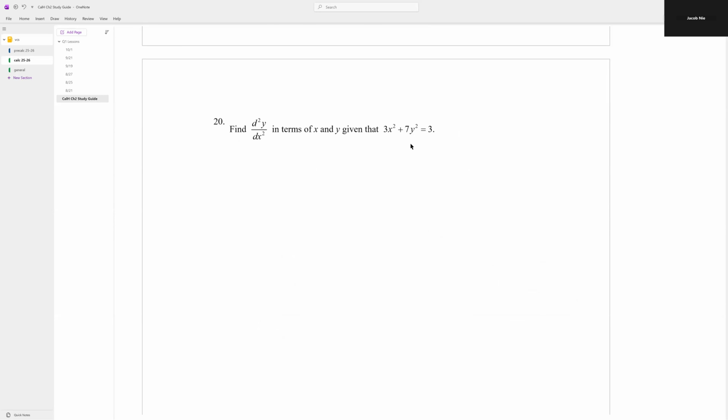The way to calculate this is by first calculating dy dx using implicit differentiation, and then taking the derivative once more to find the second derivative. Okay, that's the general outline of the solution. So we're going to first apply our normal process to find the first derivative of y, given this equation, using implicit differentiation.